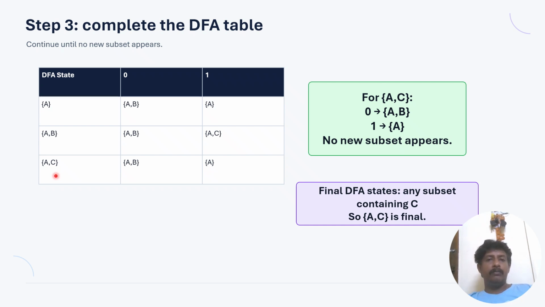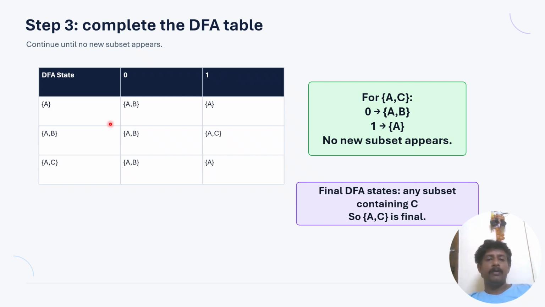We combine the moves from A and C for input 0. From A we get {A, B}, and from C we get empty. So the result is {A, B}.